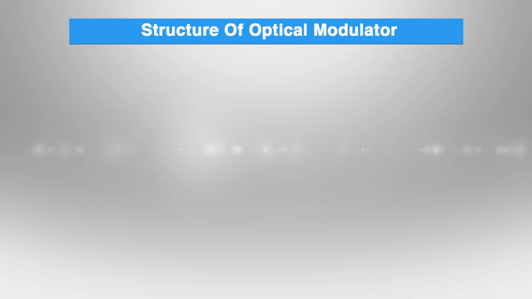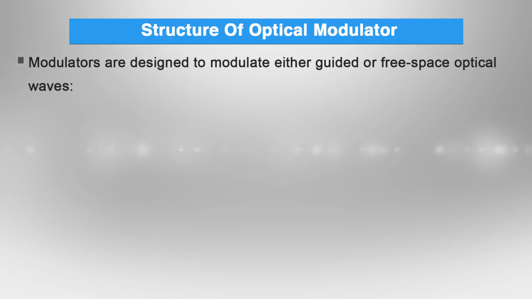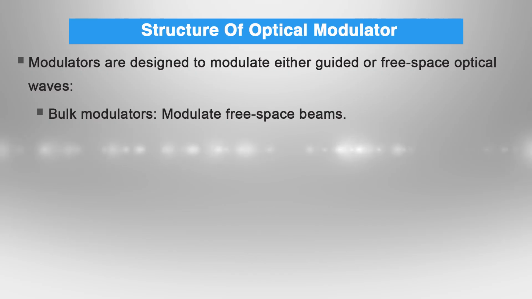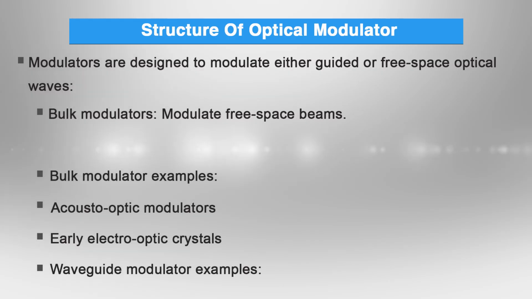Now, let us discuss the structure of an optical modulator. Modulators are designed to modulate either guided or free space optical waves. First one is the bulk modulator. It modulates free space beams. Some examples of bulk modulators are acousto-optic modulators and early electro-optical crystals.